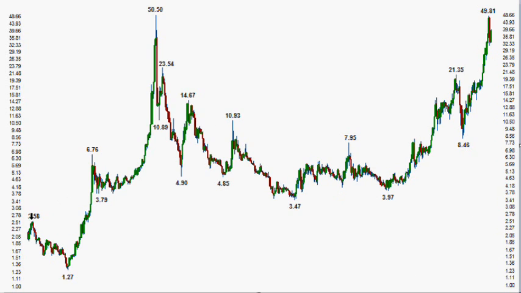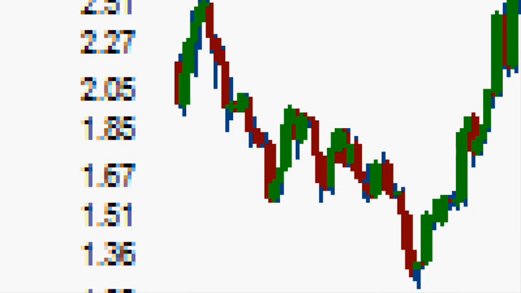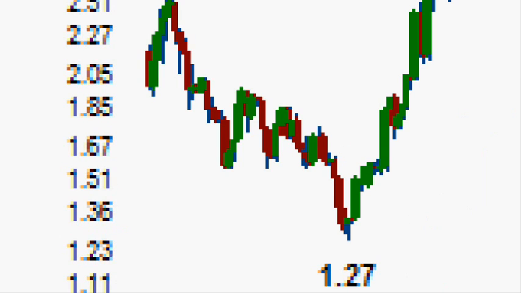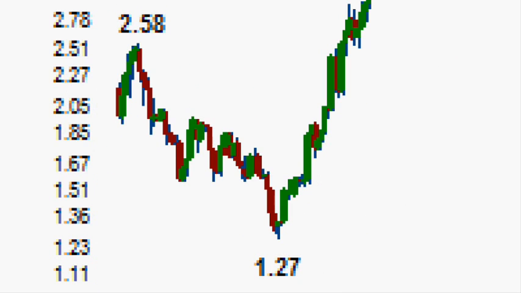We'll now go back to the earlier stages and zoom in on this. So we see that we had this high of $2.58 and this low of $1.27.